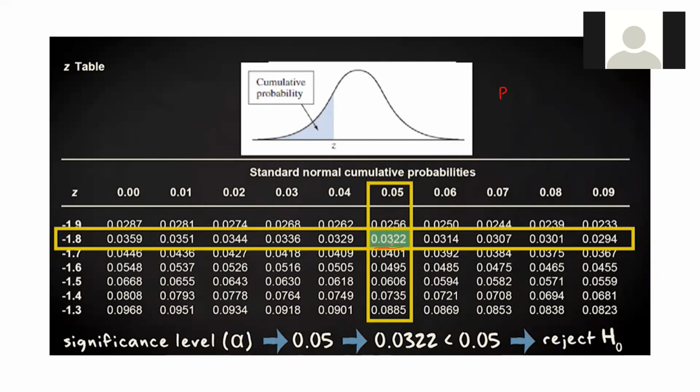So 0.03 is what we call a p-value. We got 0.0322 for a z score of minus 1.85. This probability is called the p-value.